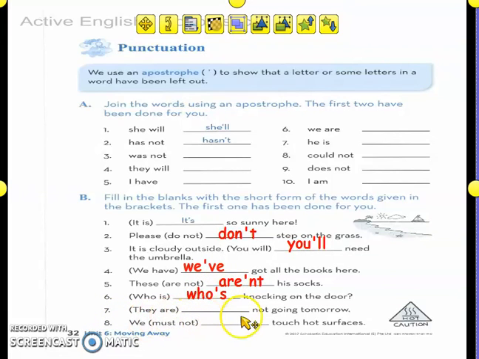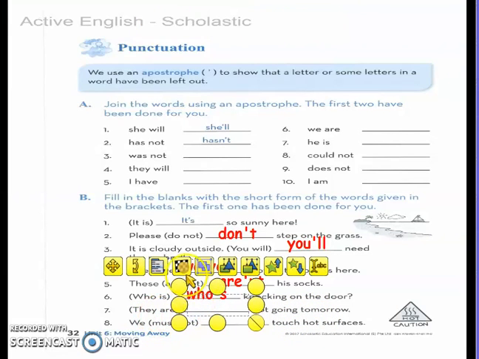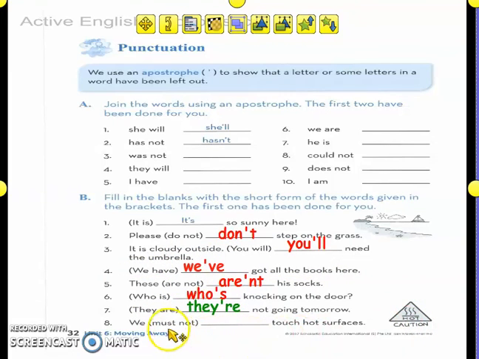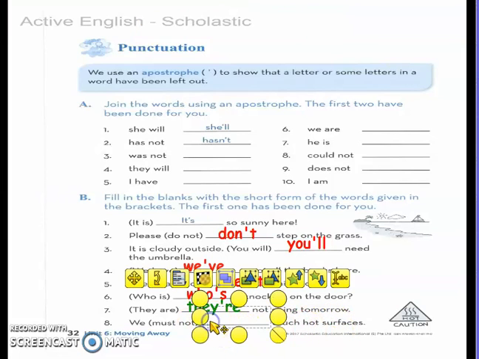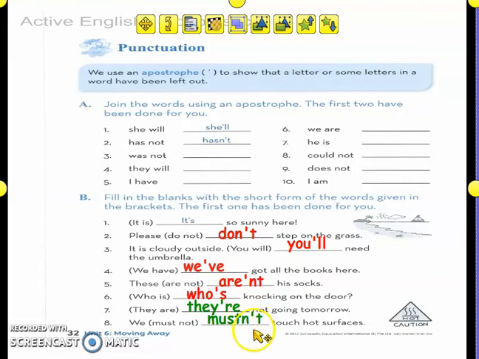They are not going tomorrow. The short form of they are is they're. The last one, number 8, we must not touch hot surfaces. The short form of must not is mustn't. And this is the apostrophe.